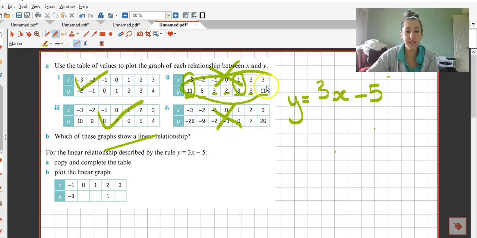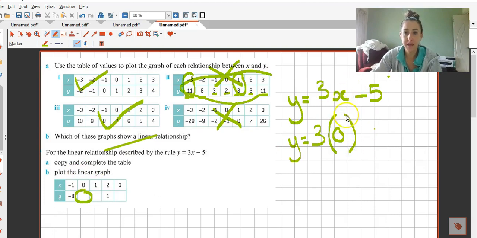All I'm going to do is, I'm missing my y value here, so I'm going to go y equals 3 times my x value in my table, which is 0. So I put my 0 in the place where my x would be, minus 5.